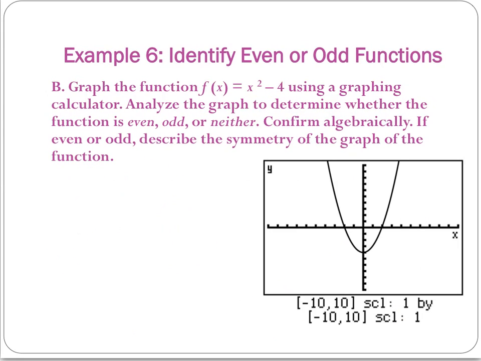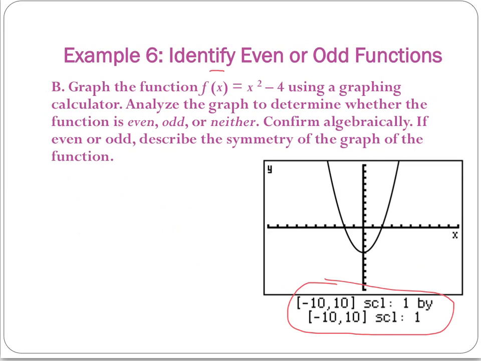In example 6, we're going to identify even or odd functions. In example B, we're given the graph of the function f of x equals x squared minus 4 using a graphing calculator. And notice again that they are using a standard window.